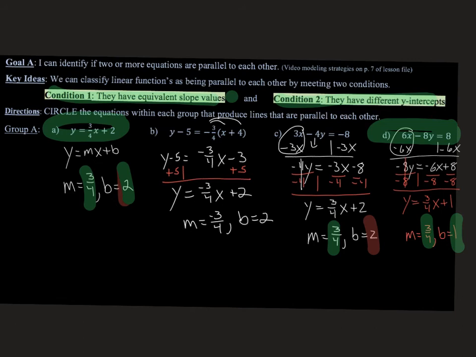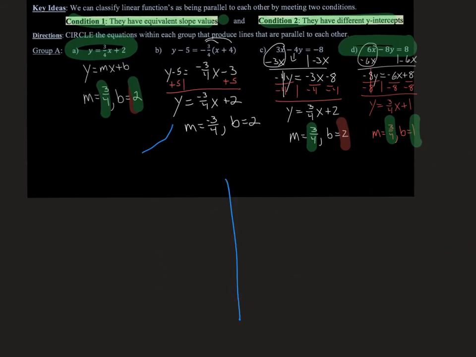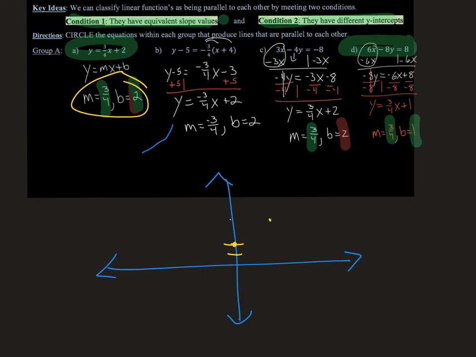If we're looking at a coordinate plane and we are comparing A and D, I will use yellow for this one. Y-intercept of +2. We'd be going up 3 units over 4, so we would be producing a line that looks something like that as far as ordered pairs belonging to it. And then I'll use green for this one.